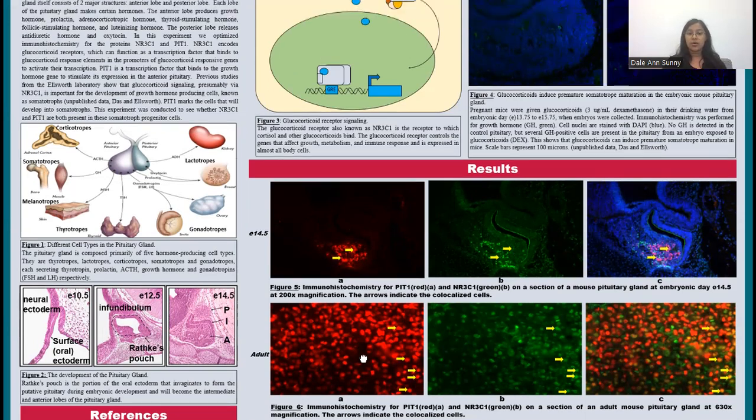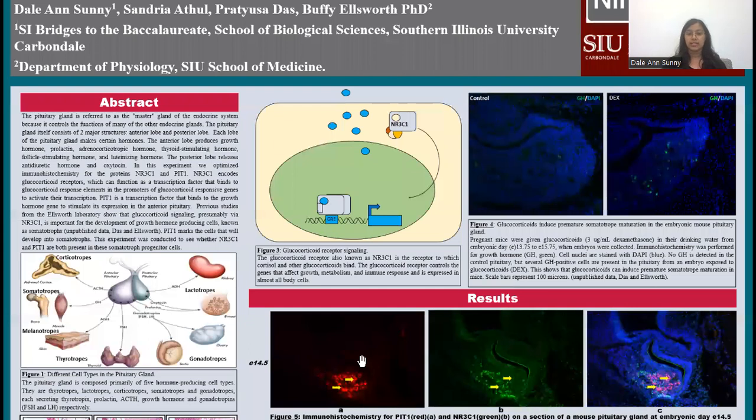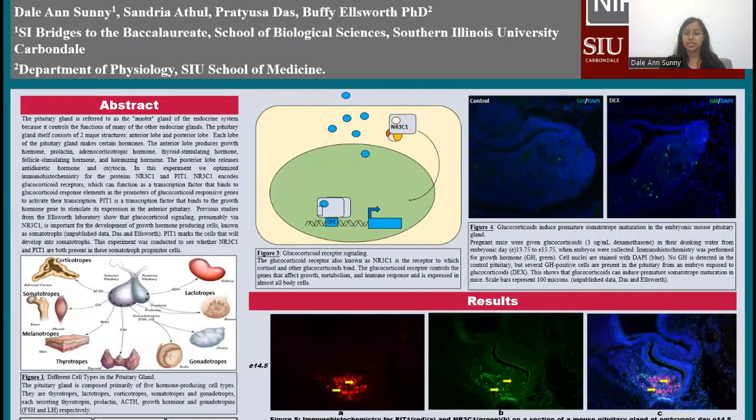So how it works is that the NR3C1, which is the glucocorticoid receptor, is already attached to HSP, which is called the heat shock protein, and it is in the cytoplasm.